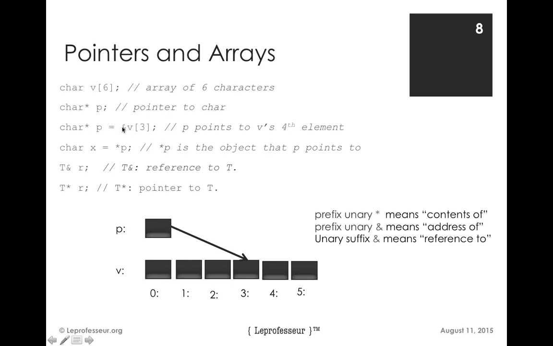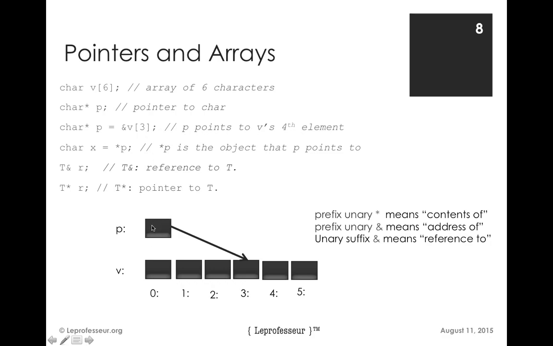If we put ampersand in front of v, it means we're going to take the reference, or in other words the address, of the third element from this v array. Fourth element, because we index from 0. So 0, 1, 2, 3. So 1, 2, 3, 4, fourth element. So now this line tells me that p points to array v's fourth element.